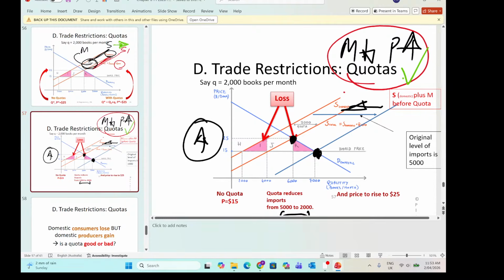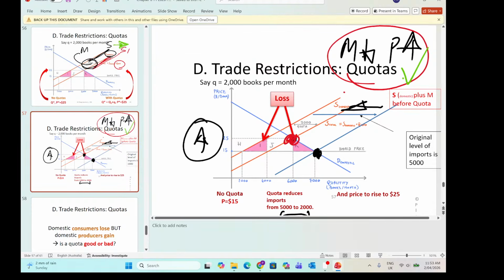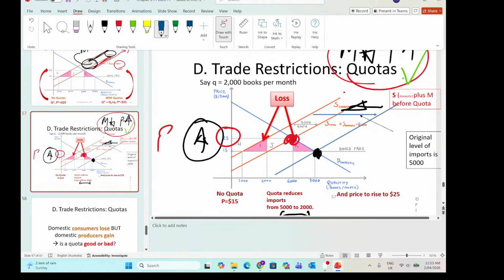So our equilibrium moves from the black dot, and we'll create a red dot up here, the new level. And so the price will now go to $25. And when the price goes from $15 to $25, look what happens to the supply by the local supplier.